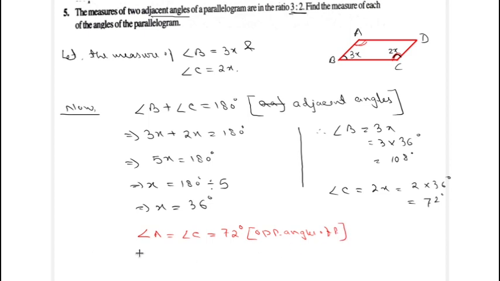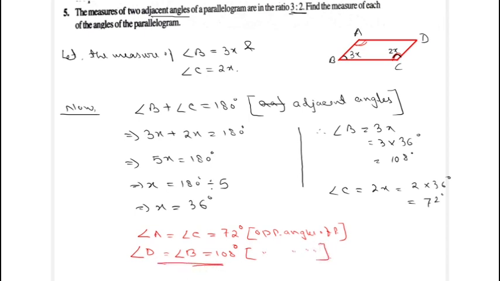Similarly, angle D is equal to angle B, which is equal to 108 degrees. Same reason, opposite angles of a parallelogram. Okay, so hope you have understood this.